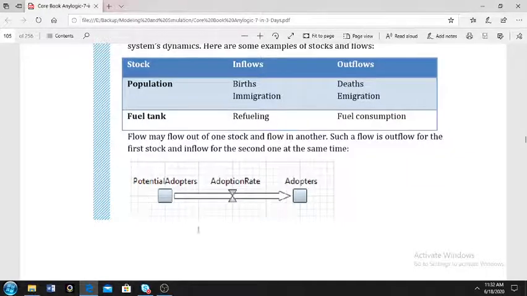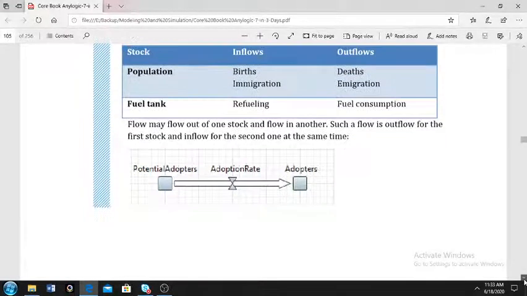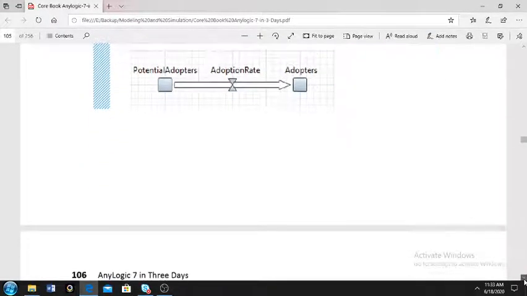We could also model it using system dynamics. So adopters are influenced by the adoption rate. This is a rate, this is a flow, and these are stocks. Together, good. So this is an example of a stock and flow diagram.